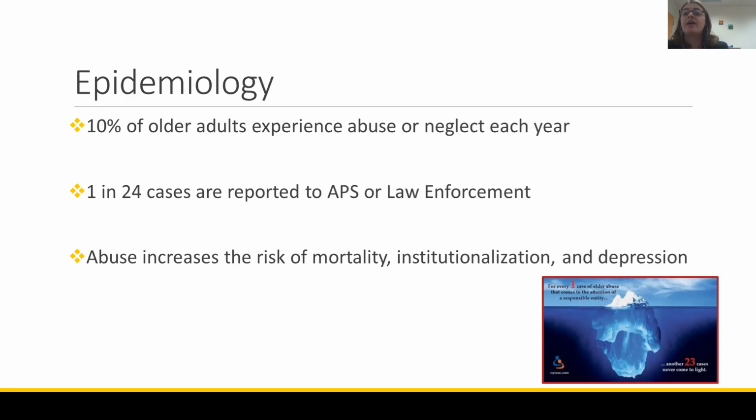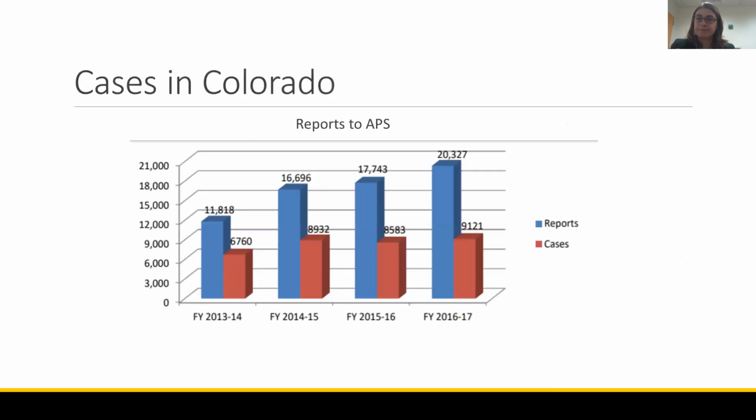Partly because of the way our interventions are structured, institutionalization increases significantly if a patient is identified as being an abuse victim. And similarly, there's a number of physical and mental health sequelae of this victimization, including depression. So this really is a health issue in addition to a social, legal, and public health issue.